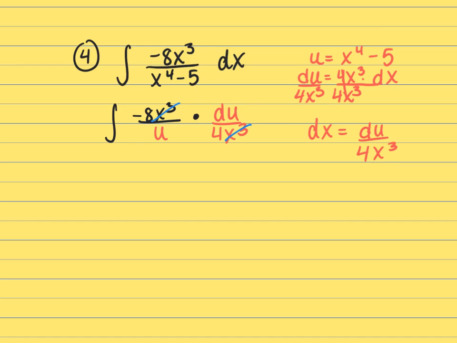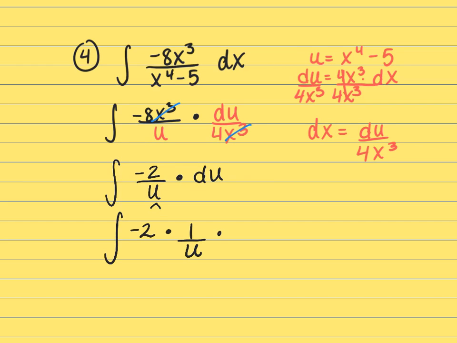So we have the integral of negative 2 over u du. Now this one's a little bit harder to see. You have to break up this negative 2 over u as negative 2 times 1 over u.